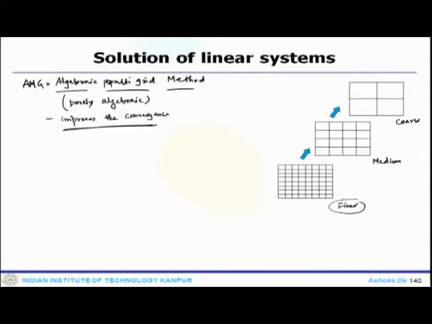This multi-grid method is also quite robust and the process is algebraic in the sense that it is done through an agglomeration process. So, this can be used to build a highly efficient and robust linear solver.